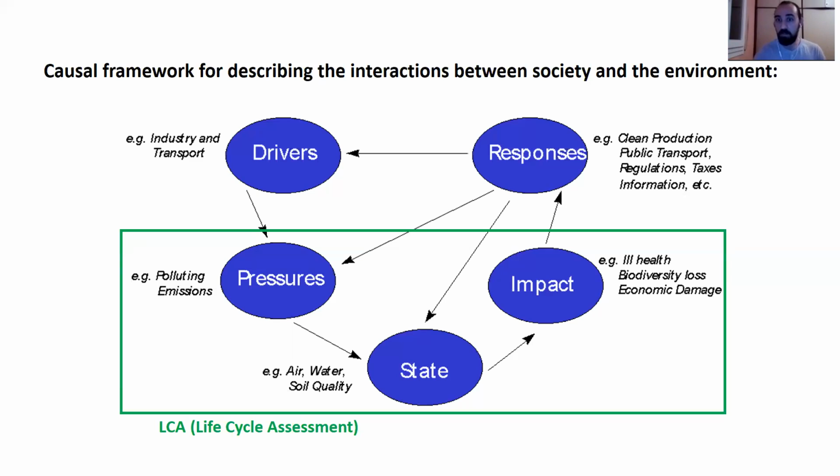Nowadays, I will mention it later, near the end, which kinds of impacts are taken into account. But impacts can be on human health mainly, and with life cycle assessment we usually look at biodiversity loss. We don't look at specific animals.